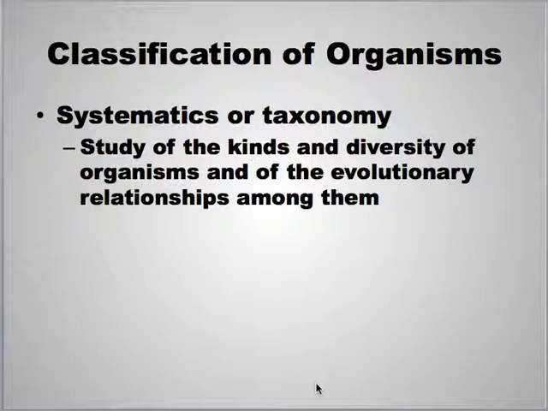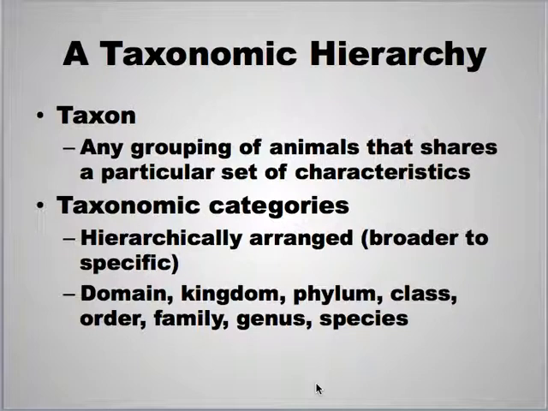Systematics or taxonomy, those words get used interchangeably. Sort of. Systematics is the study of kinds and diversity of organisms, as well as that relates to the evolutionary relationships among them. As a result of systematics, we get taxonomy, which is a taxon, a grouping of animals that share a particular set of characteristics.